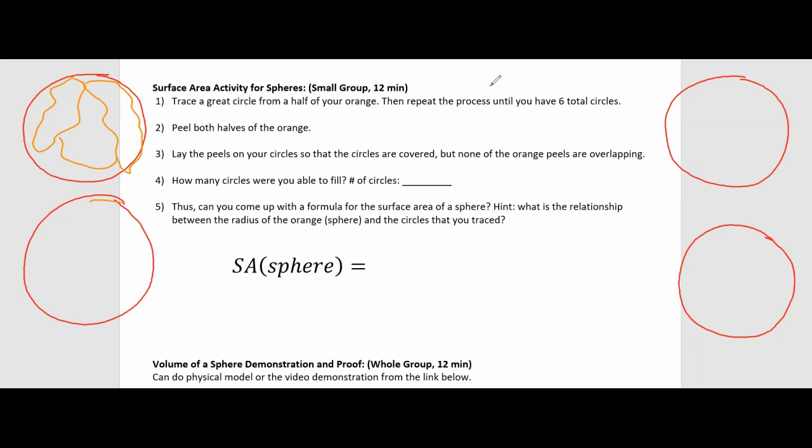The smaller the peels, the better, because it'll let you fill in all the gaps. And you would see that you would be able to fill just about 4 great circles with your orange peels.